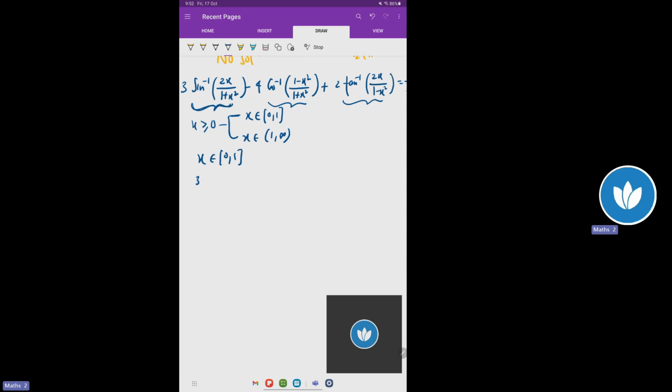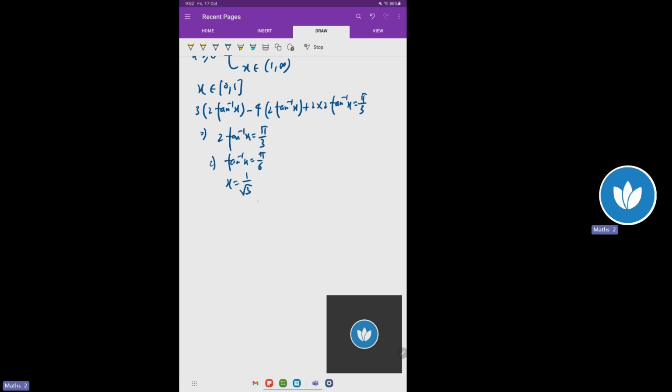We can break each term as 2 tan inverse x, like this directly, and again the third as 2 tan inverse x, equal to pi by 3. So if you simplify this, 2 tan inverse x equals pi by 3, so tan inverse x is equal to pi by 6, so x equals 1 by root 3. Should we accept this? Of course, since this is positive as well as less than 1, accept it.